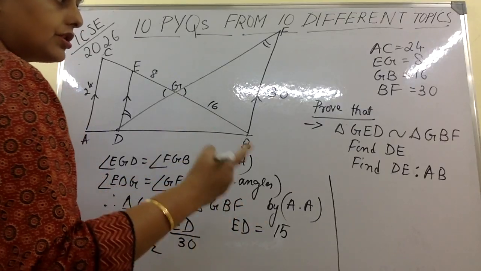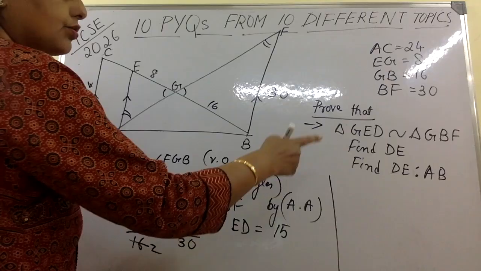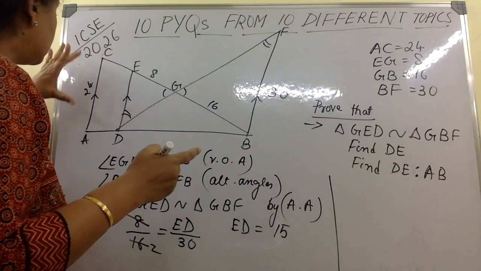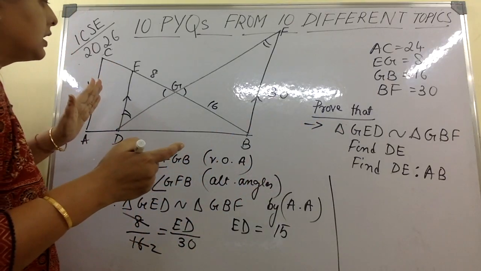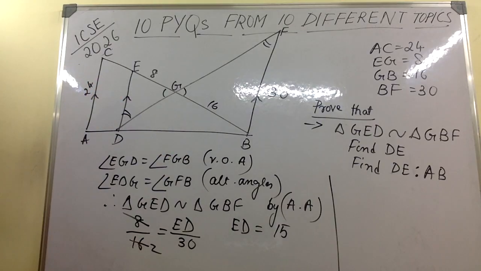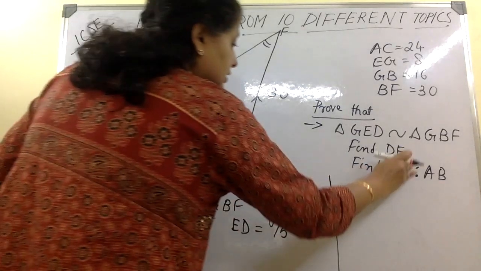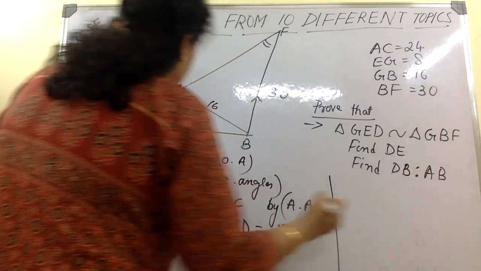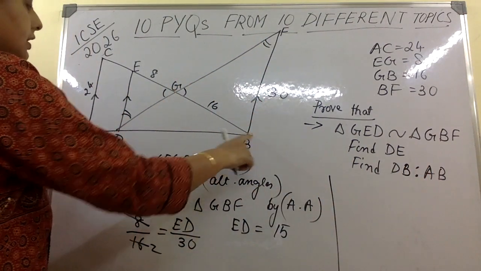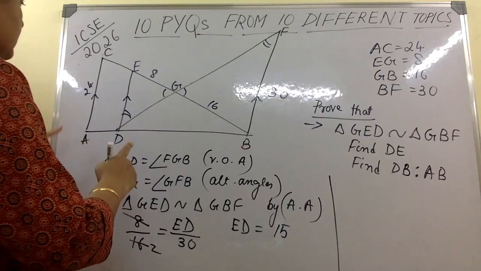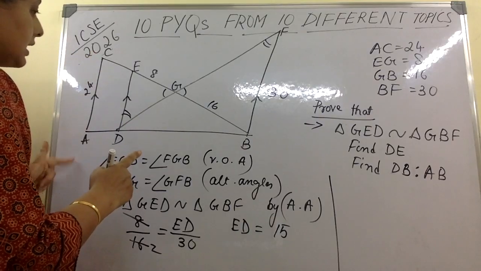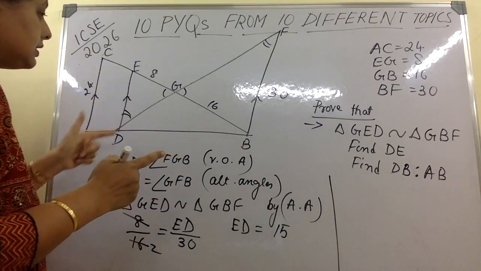Let's see the other one, which is find DE is to AB ratio. DE is to AB. Now where is AB? This is not DE, find DB is to AB. Now we have to see these two triangles CAB and EDB.